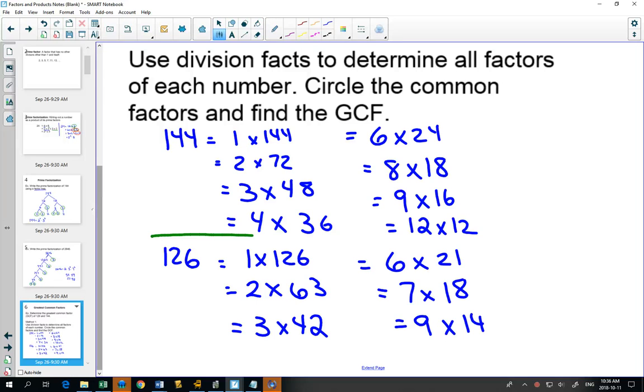We're looking for the number in common between these ones and these ones. 2 is a number in common, but is it the biggest one? Yeah, it's any one of these. I just made 2 columns. What's the biggest one? 18.